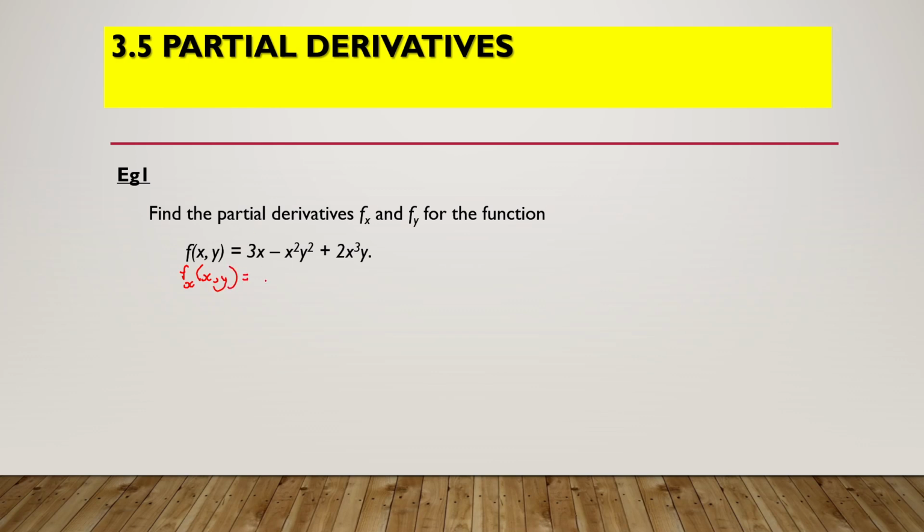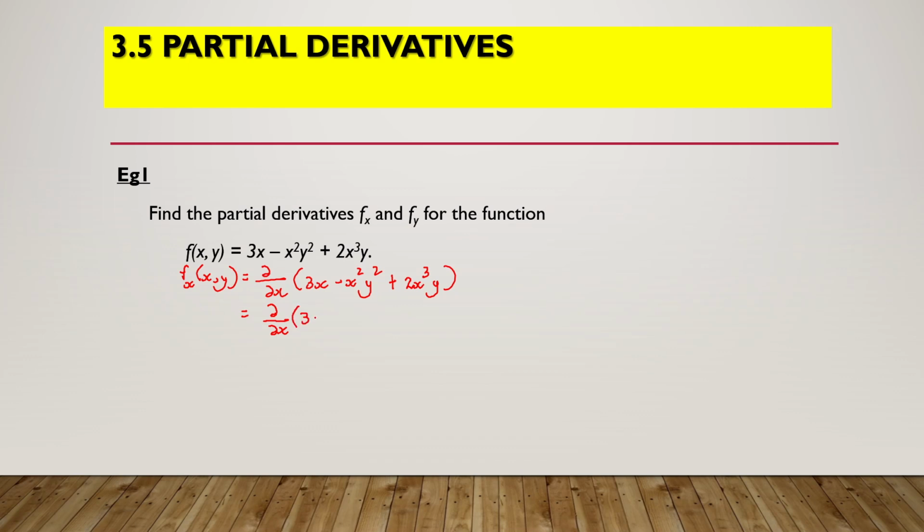So fx of (x, y) is del del x of 3x minus x squared y squared plus 2x cubed y. For differentiation, addition and subtraction, you can follow the linearity property where you break it term by term.